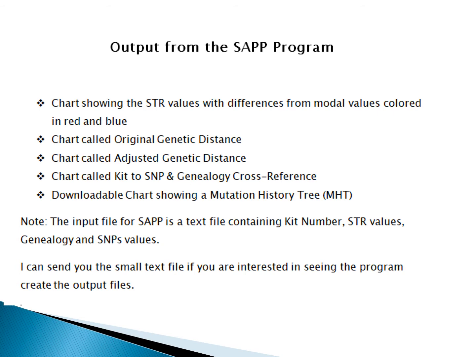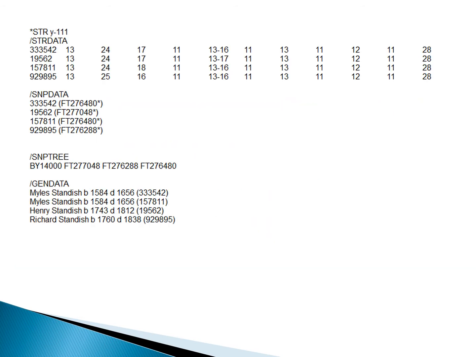The input text file for SAP is a text file containing kit number, STR values, genealogy, and SNP values. I can send you the small text file if you are interested in seeing the program create the output files. Note, the public Y-DNA results at Family Tree DNA were copied and pasted into a simple text file using Notepad.